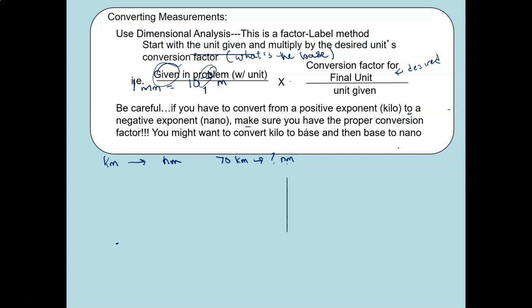Well, on the previous slide, right, 1 kilometer is 10 to the 3 meters. 1 nanometer is 10 to the minus 9th meters. I'm going to set up my dimensional analysis. 70 kilometers. I want to go first to meters because I'm going to go through my central unit, my core base unit.